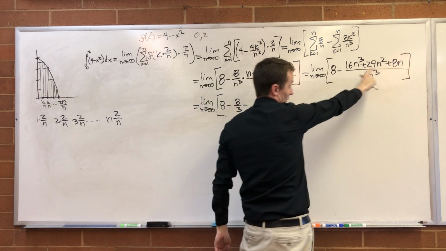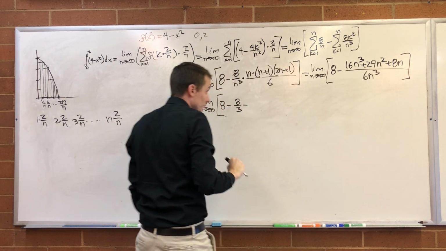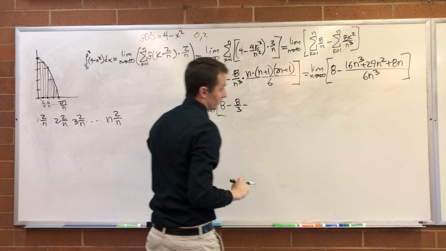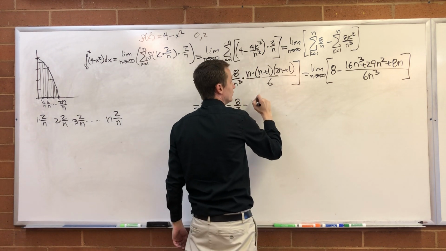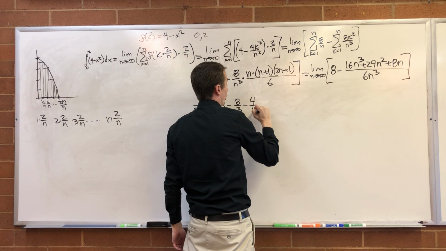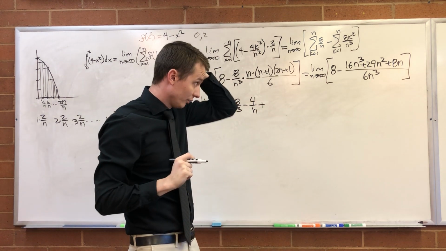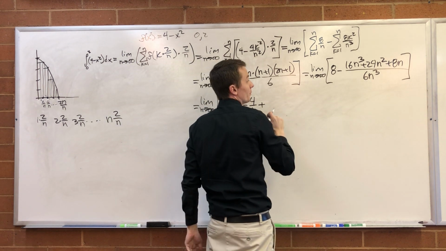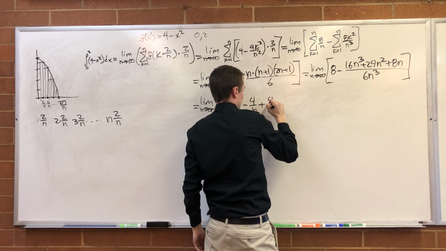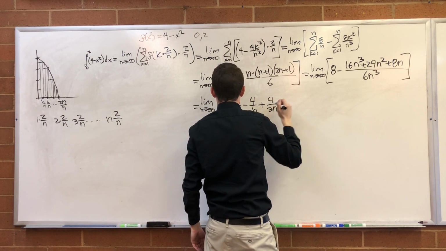Minus, because I need to distribute the minus to every term, 24n squared over 6n cubed is 4 over n. Plus, and then 8n over 6n cubed is 4 over 3n².Perfect.